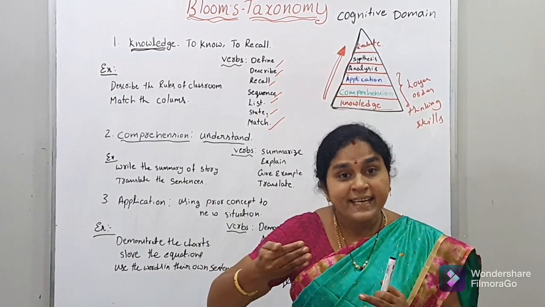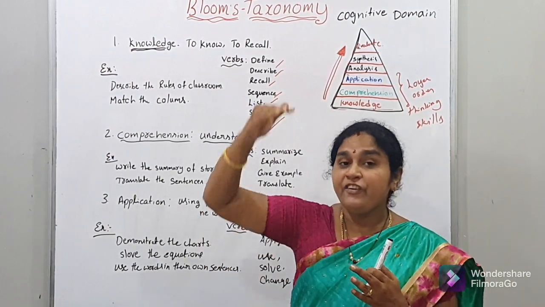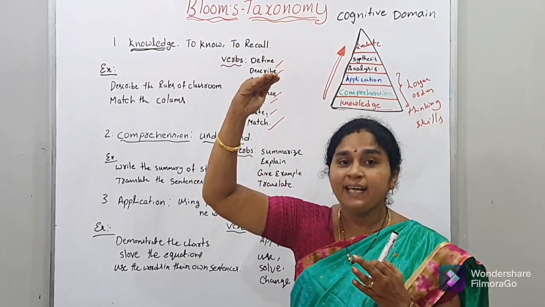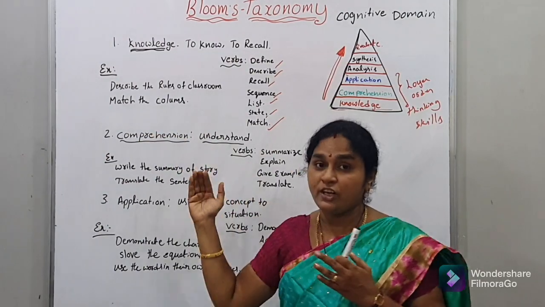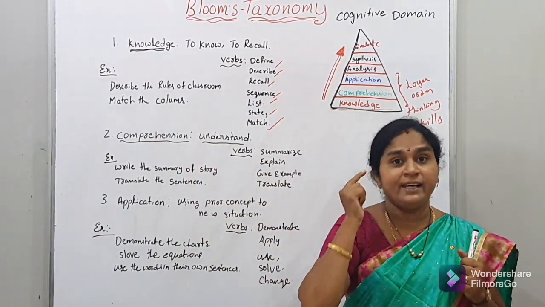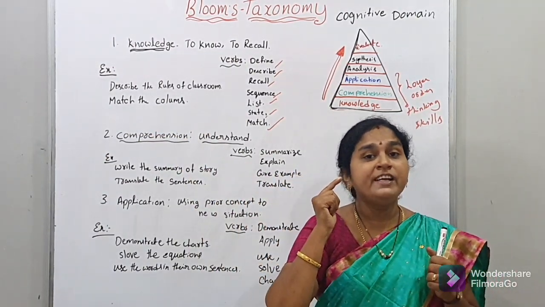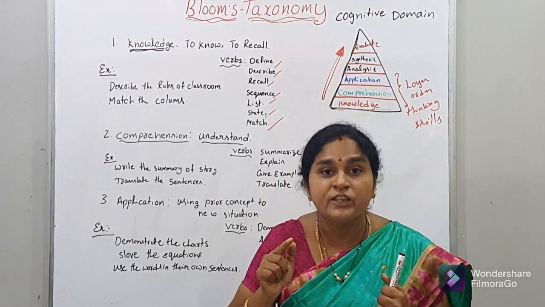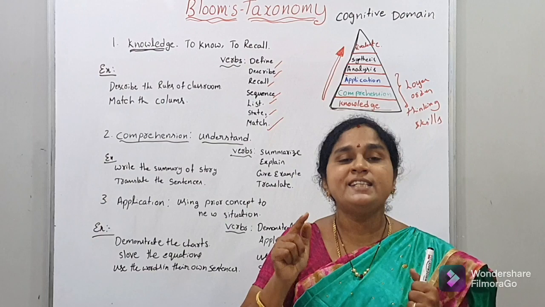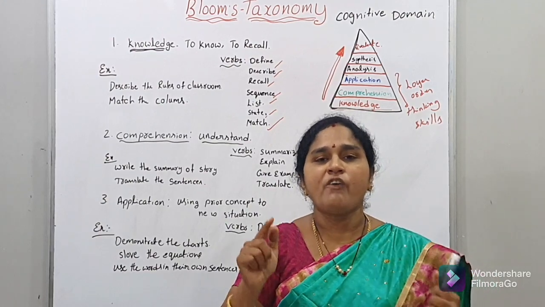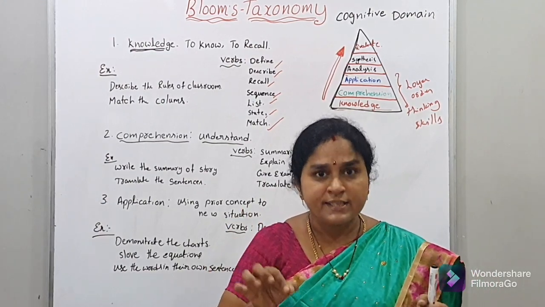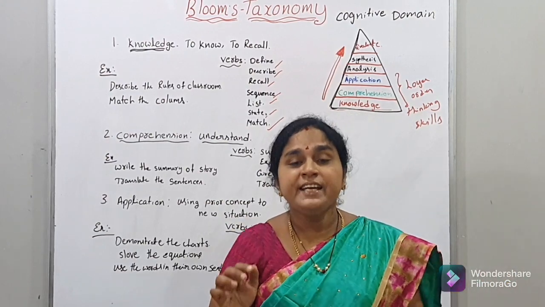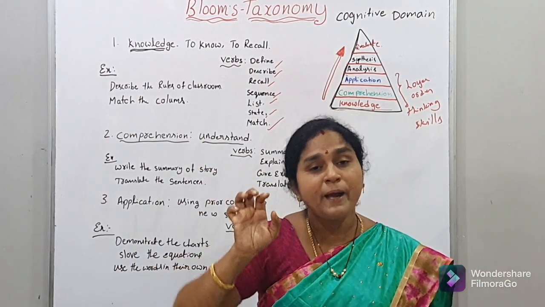But in the second level, in the hierarchy from down to up, that is comprehension. We understand. We do not give the answer quickly. We understand who the Prime Minister of India is, present or previous.